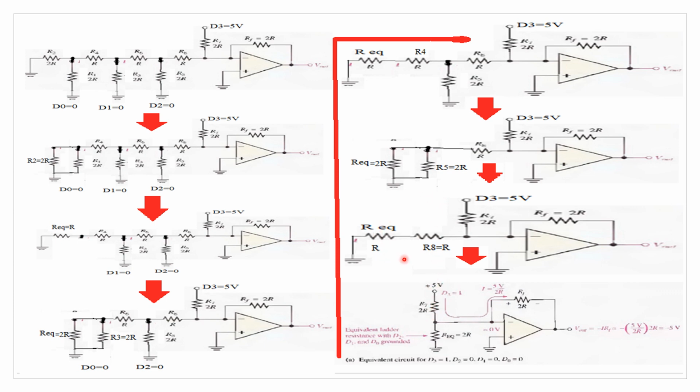Then this portion can be replaced by an equivalent resistance whose value will be R plus R equal to 2R. Hence the equivalent circuit is like this: an op-amp with a feedback resistor 2R, then a 2R with a voltage 5 volt, then an equivalent resistance with value 2R.